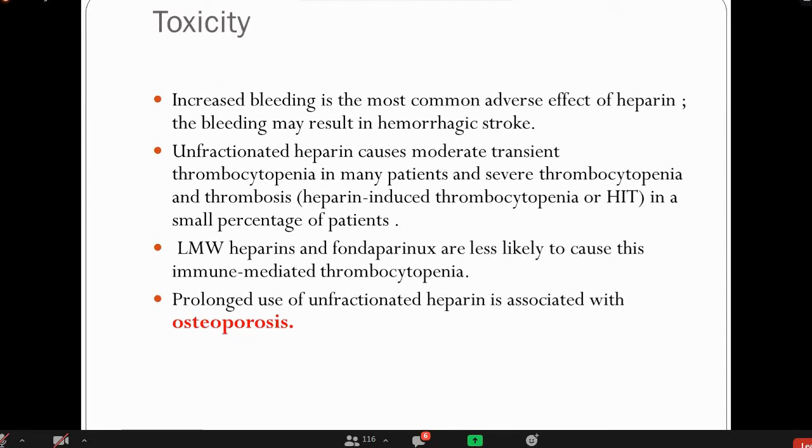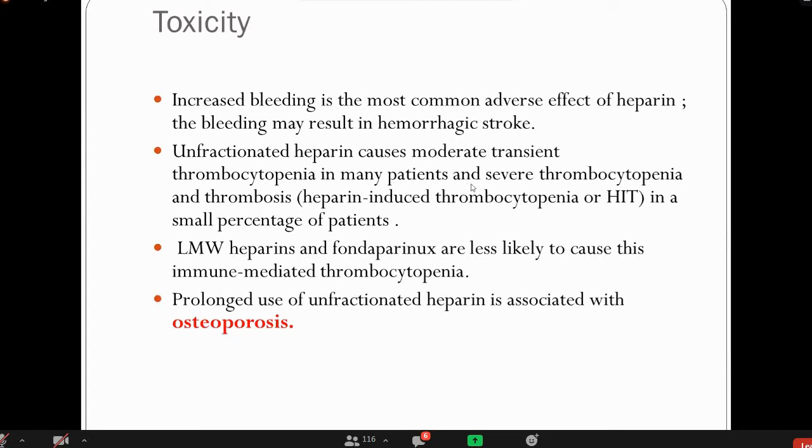Students who are interested in appearing for the USMLE exam in the future must focus on this point. Unfractionated heparin, that is the high molecular weight heparin, causes moderate transient thrombocytopenia, but fortunately it is transient.